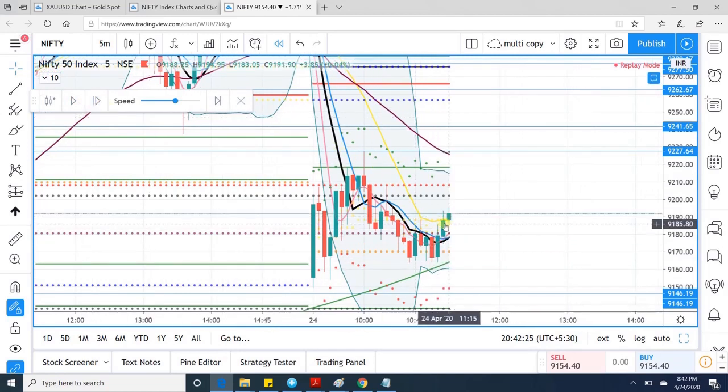See, now one important thing is there. There was a falling 20 moving average, a downward moving 20 moving average. Now see, it is flattening, so it means there was a downtrend initially, and now it is kind of a ranging market. So you will see price going above this and also below this.